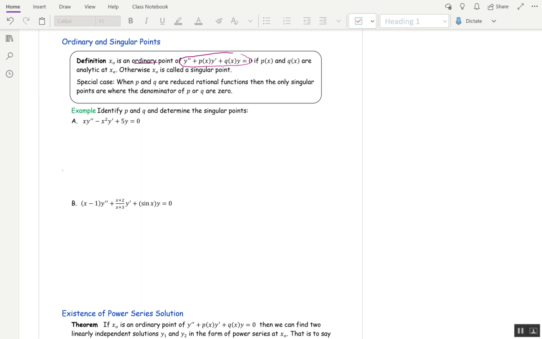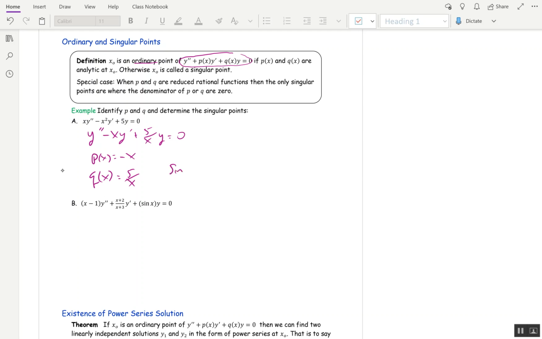So in these examples here, the first thing we need to do is write the differential equation in the form where the coefficient of y double prime is 1. So I need to divide through by x here. So we get minus xy prime plus 5 over x y is 0. So P of x is negative x, and Q of x is 5 over x.